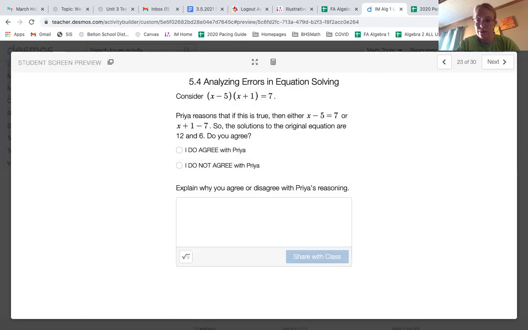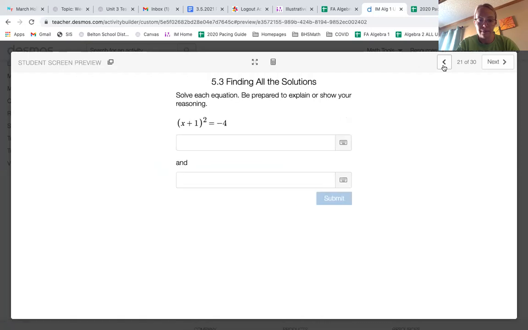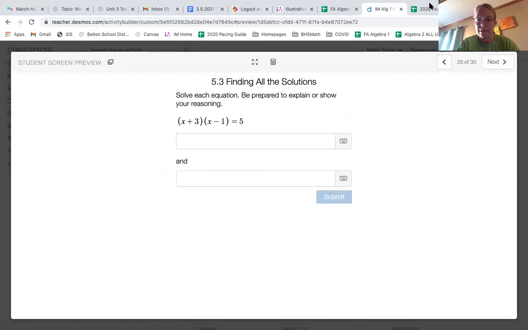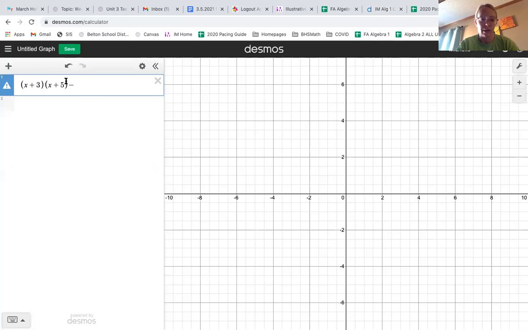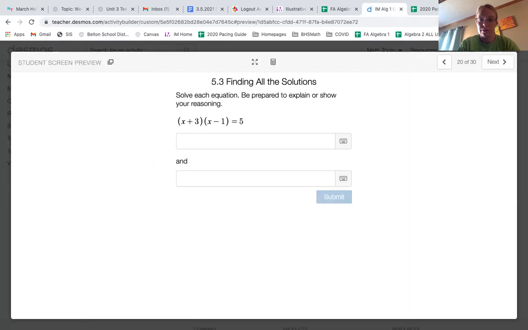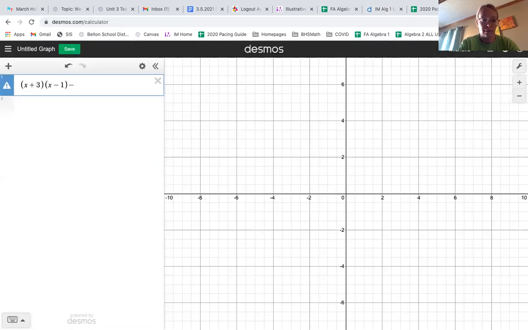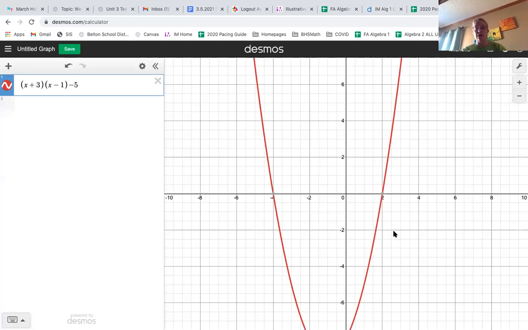Sorry, you guys. Okay, here it is. So x plus 3, x minus 1, minus 5. So here it is in a graph.